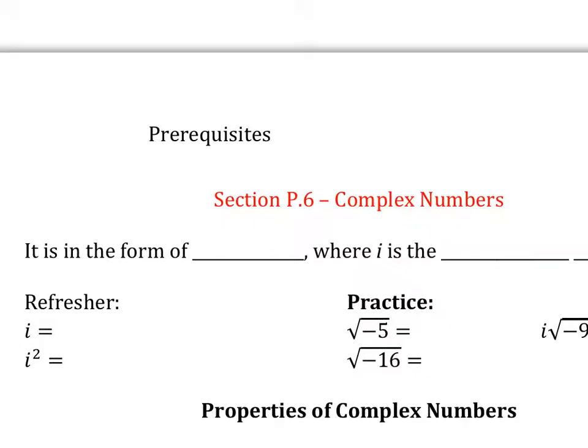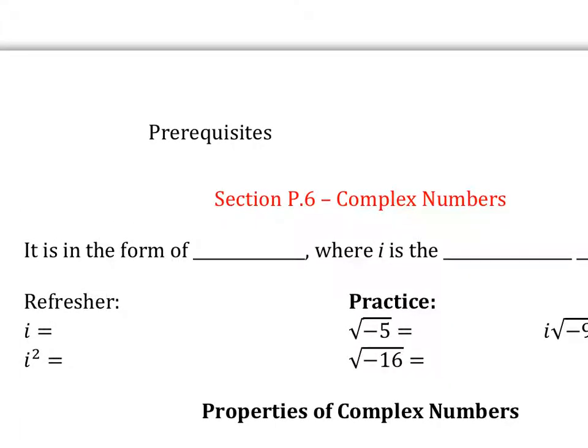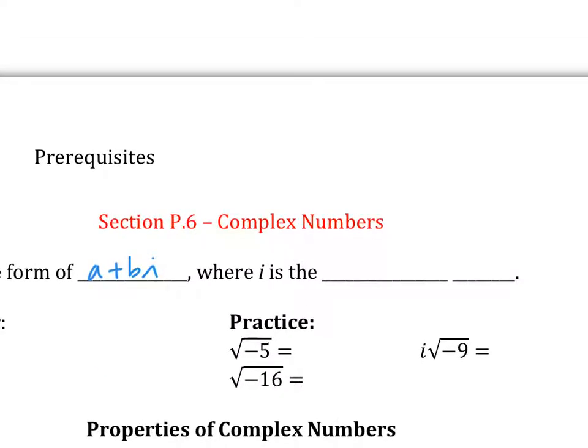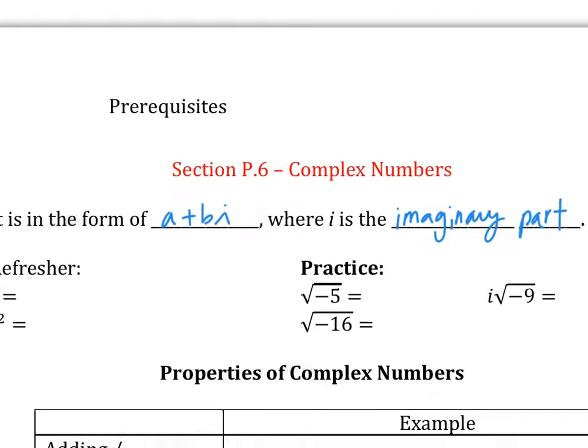Complex numbers. Remember, a complex number is any number in the form of a plus bi. And that i means what? Yeah, imaginary number. So that's the imaginary part. The i is the imaginary part.